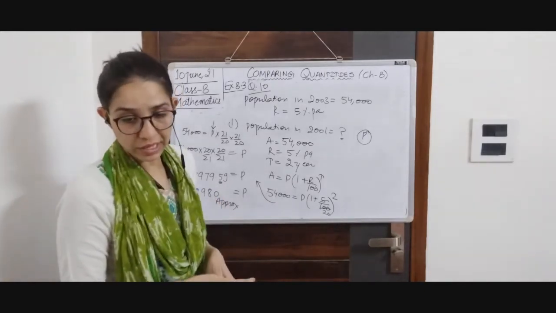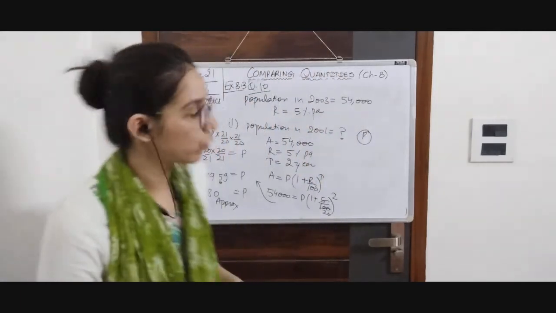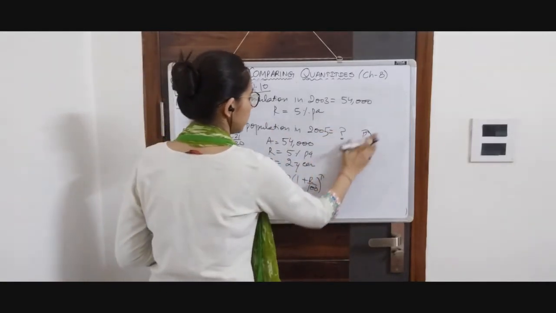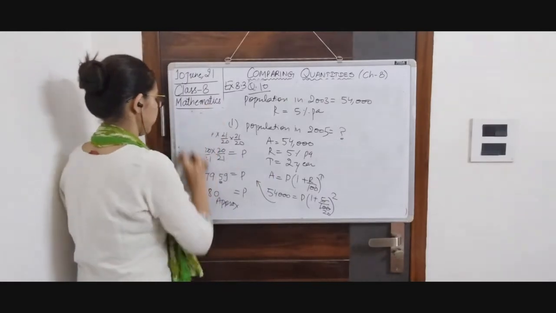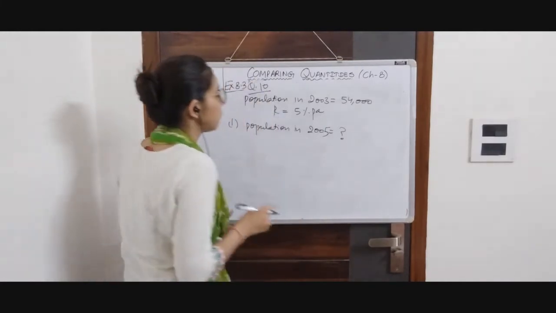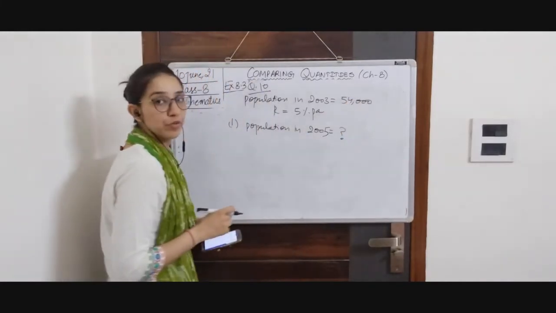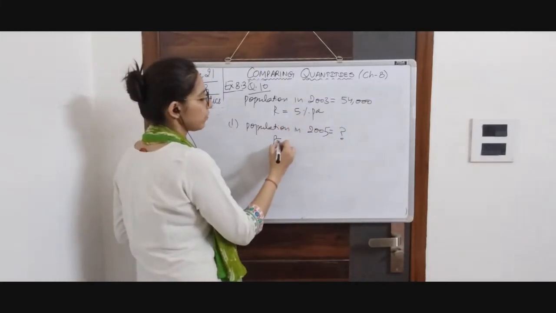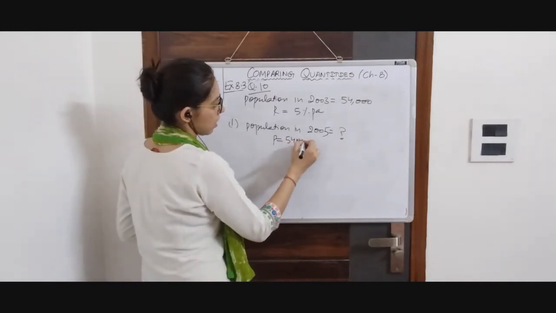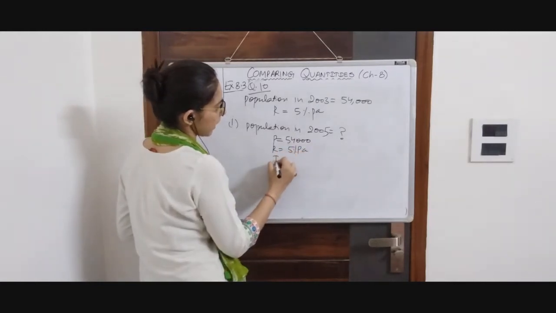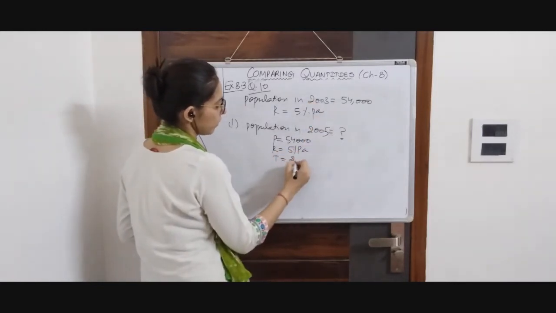Now we have to calculate the population in 2005. In 2005, what will be the principal? Is it going to be amount or principal? Since we are starting with 54,000, this is going to be your principal. Then R will be 5% per annum and your time will be 2003 to 2005, that is 2 years.